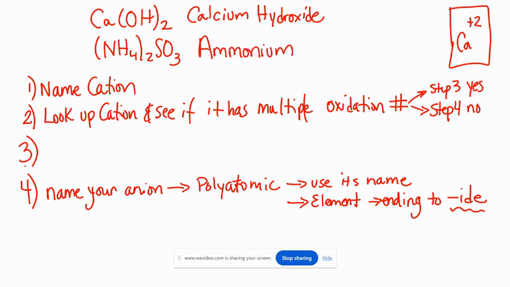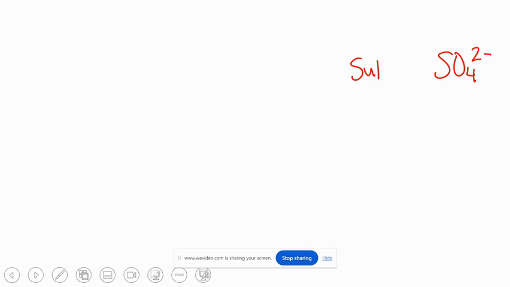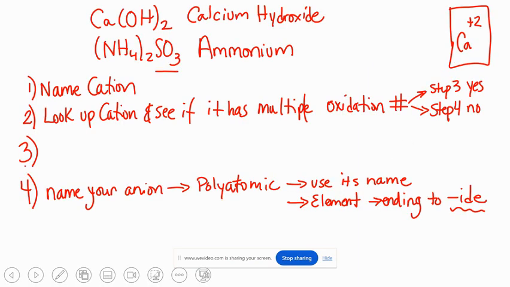This is ammonium. And then your SO3 here, all you have listed on your sheet is SO4. So what do you do when you need to change your oxygen?